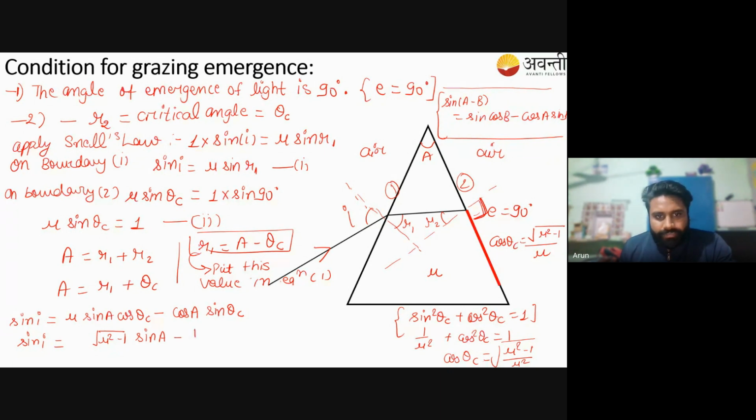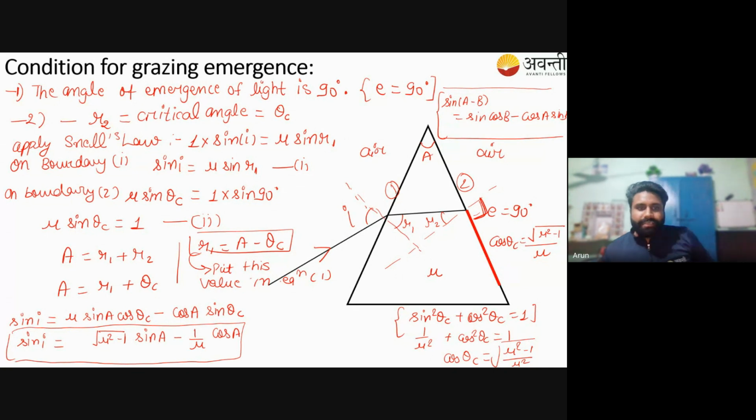It is nothing but 1 upon mu, cos A. Okay, got it? So this is the final formula that you have in your hand. Sin I is square root of mu square minus 1 sin A minus 1 upon mu cos A.